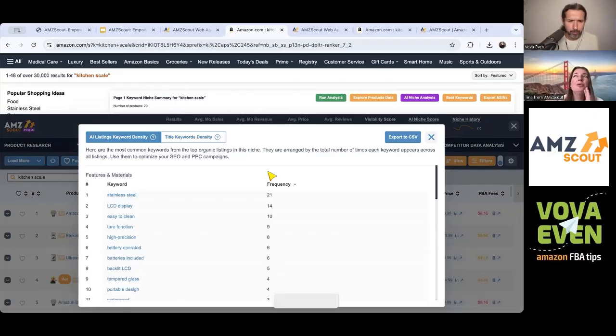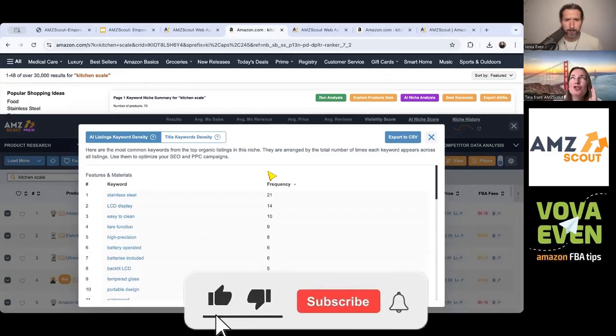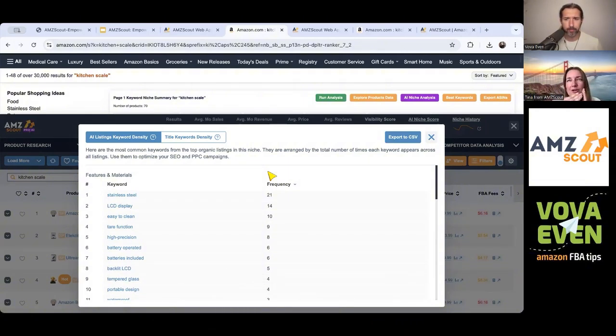For example, on position 50, and you want to get higher in the organic results for that keyword. If you have a kitchen scale, you want to be very high in the organic results when someone types kitchen scale. That's your main keyword. It can be really competitive, but that's what everyone does.